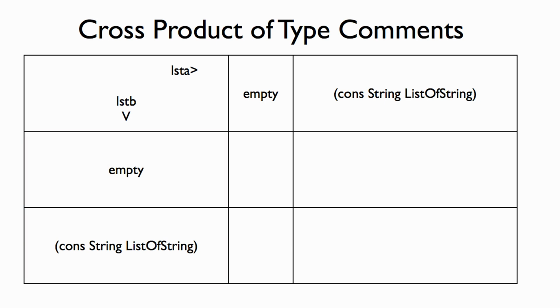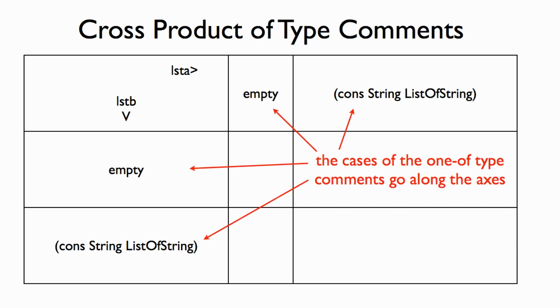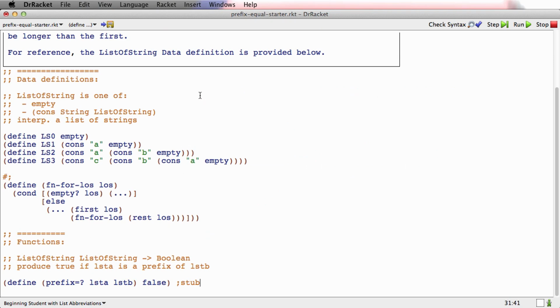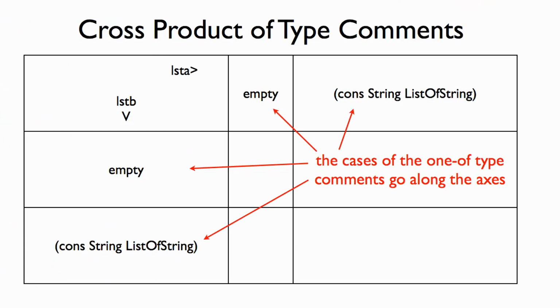And the key thing about this table is that what I've put on the edges, across the top here to label the columns, and along the side here to label the rows, is the cases of the one-of type comments. So jumping back to the type comment briefly, even though I know you have it memorized by now, list of string is one of either empty or const string list of string. So I just took those two cases and I popped them into the table here, empty or const string list of string.